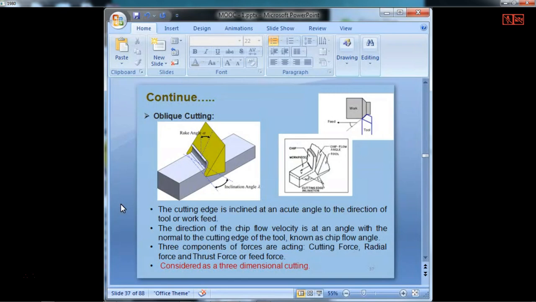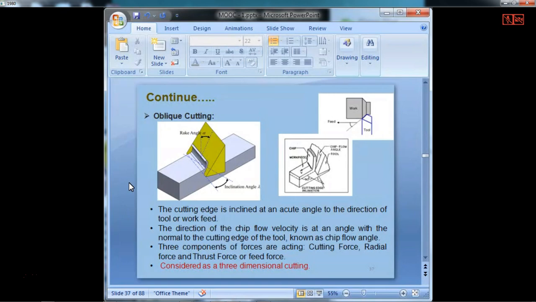But to make it simple, it has been called orthogonal cutting. Generally, when we simulate the cutting forces, we assume it as an orthogonal process and then calculate all the formulas, because that is simpler for understanding the basic concepts of it.